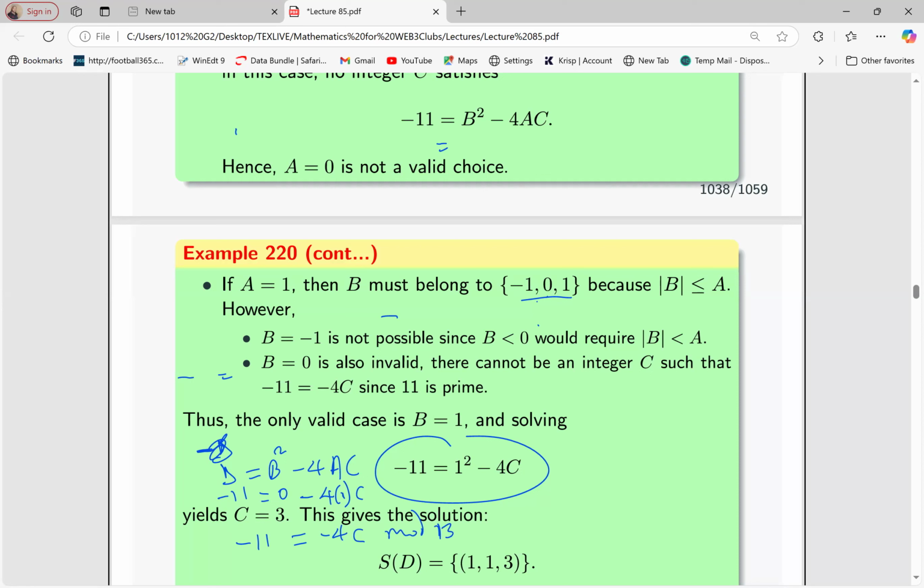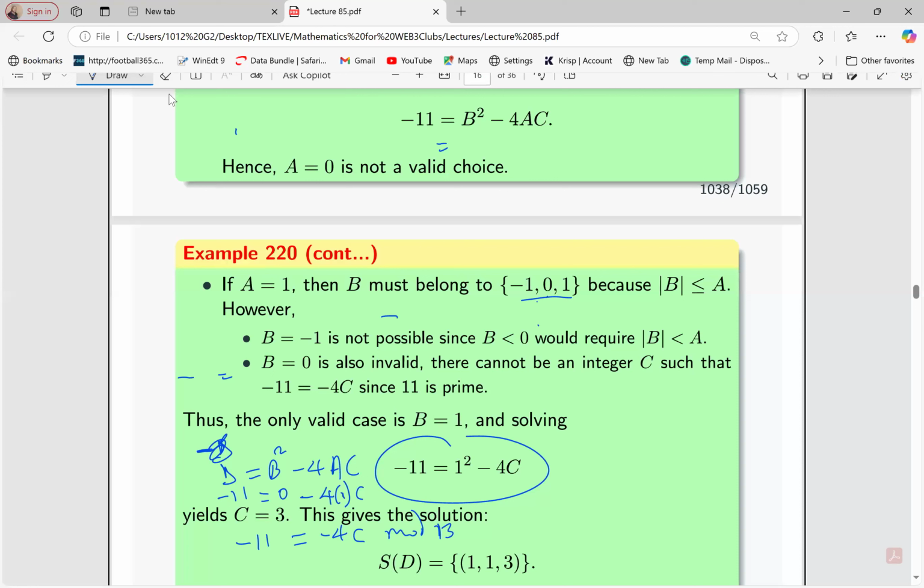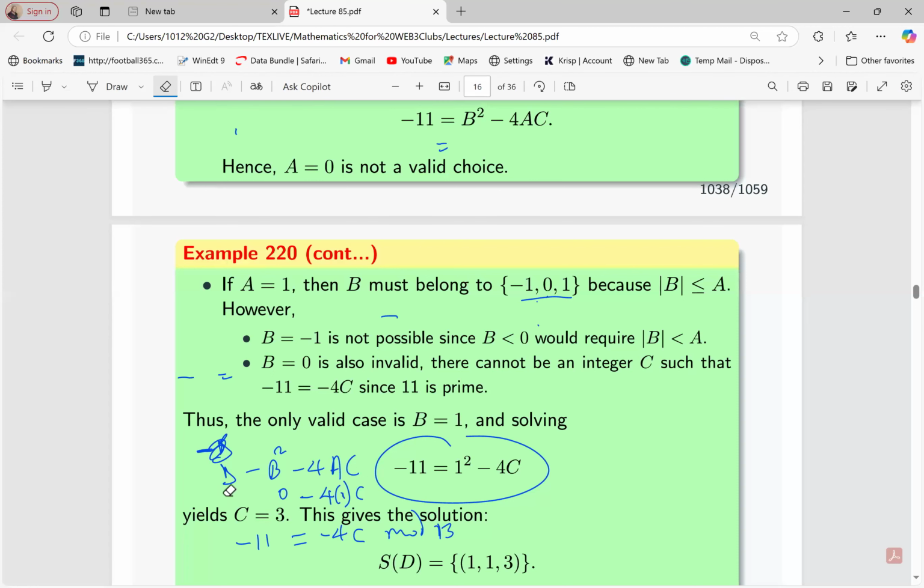You cannot find C. In this case, C cannot be obtained.